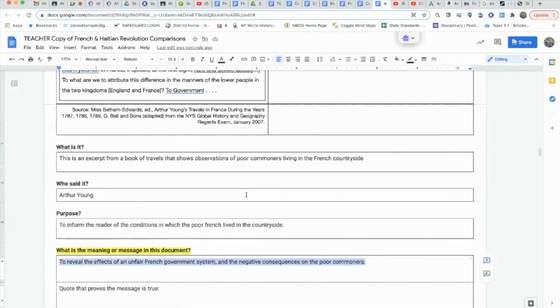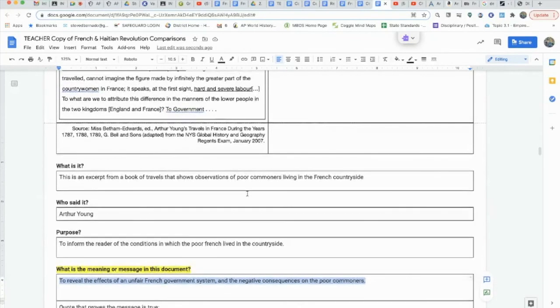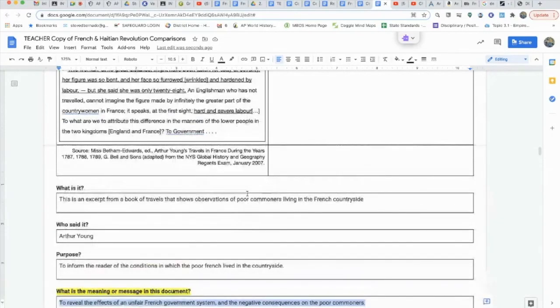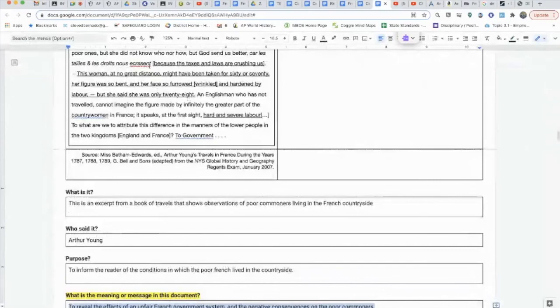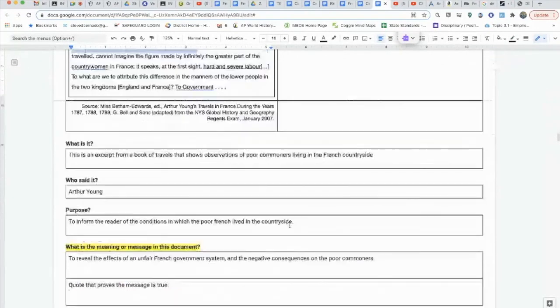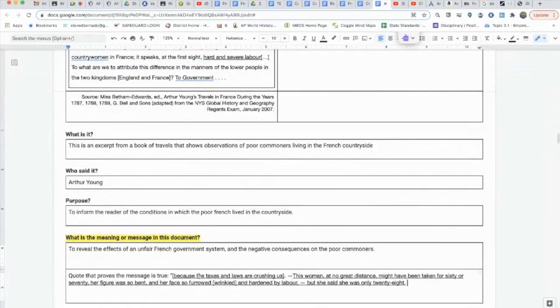And as I read, I underlined it. And you can copy and paste it as well. Then I want to add a second part.